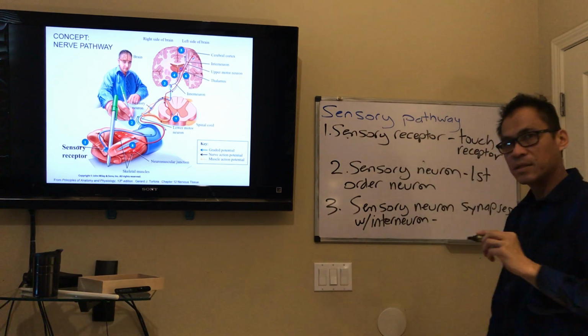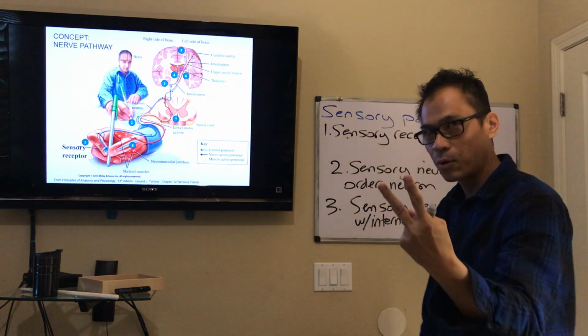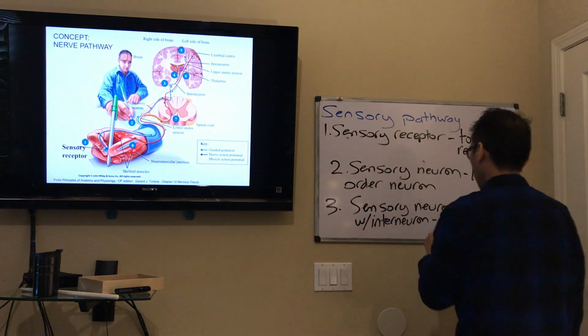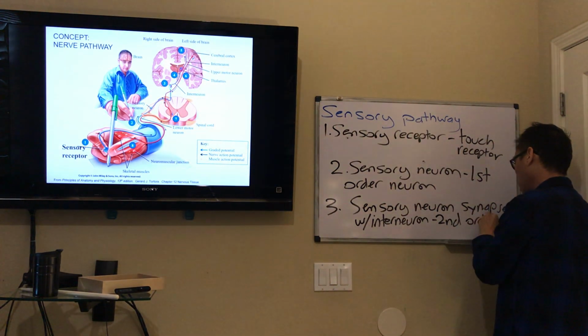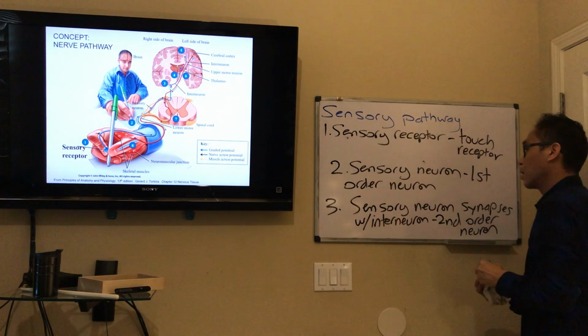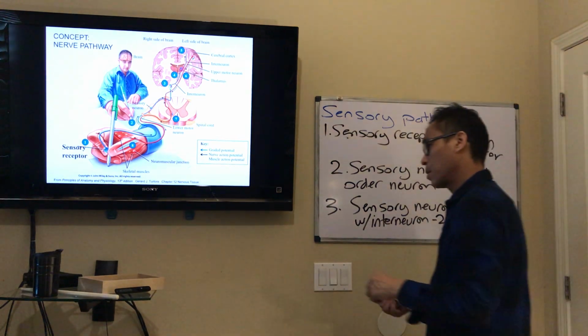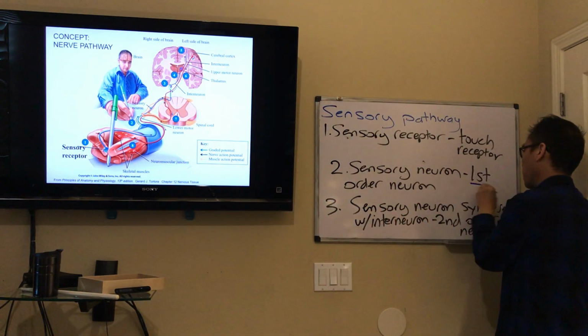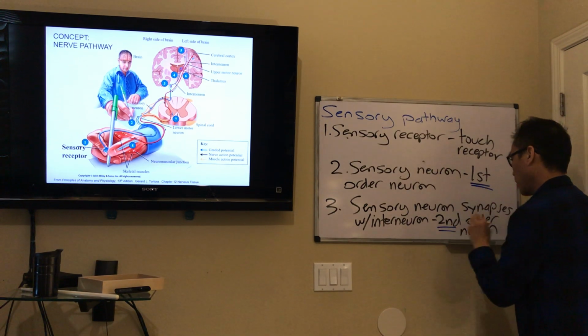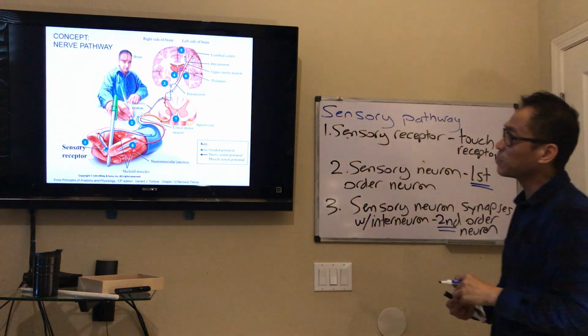The interneuron is acting as our second order cell, the second order neuron. So we've got first order, second order neuron, and that synapse right there.